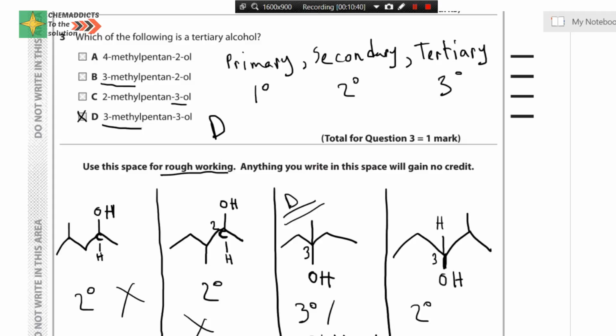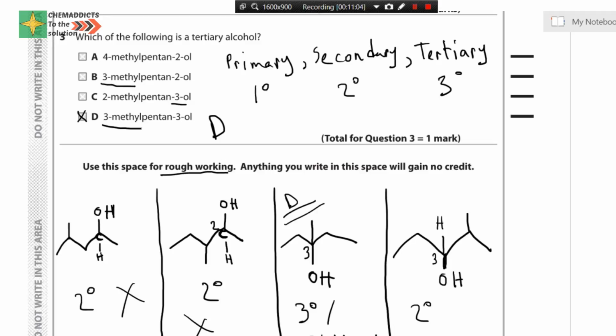In a 2-degree alcohol, the carbon containing the hydroxyl group has one hydrogen atom attached to this carbon. Okay, in a 2-degree alcohol, this particular carbon that is attached to the hydroxyl group has one hydrogen atom attached.